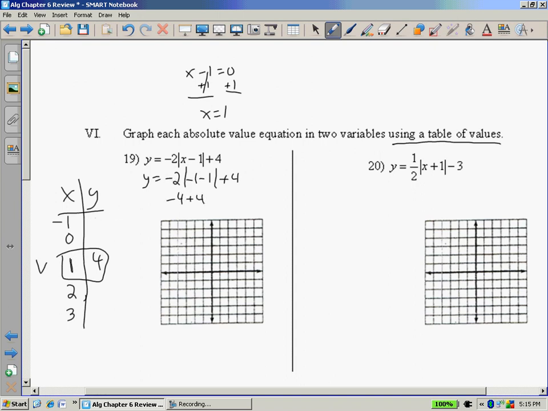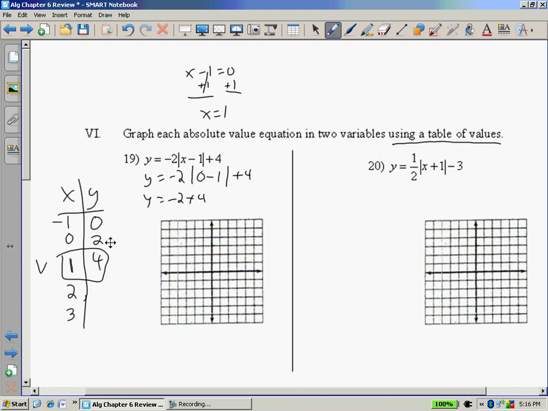Plus 4 is 0. Now let's plug in a 0. Y equals -2 times the absolute value of 0 minus 1, plus 4. 0 minus 1 is -1. Absolute value of that is +1. Times -2 is -2. Plus 4 is 2.